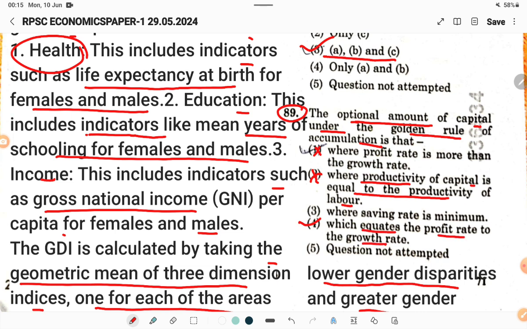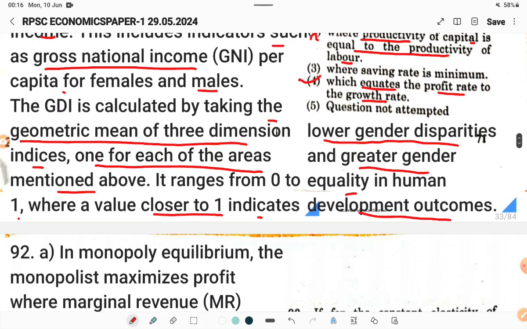So this statement is a correct explanation of the golden rule of accumulation. The optimal amount of capital according to this rule is where the profit rate, marginal productivity of capital, is equal to the growth rate of the economy. In other words, the economy invests in capital up to the point where the return on investment profit matches the overall rate of economic expansion, maximizing long-term welfare and efficiency. So fourth will be the right answer here.